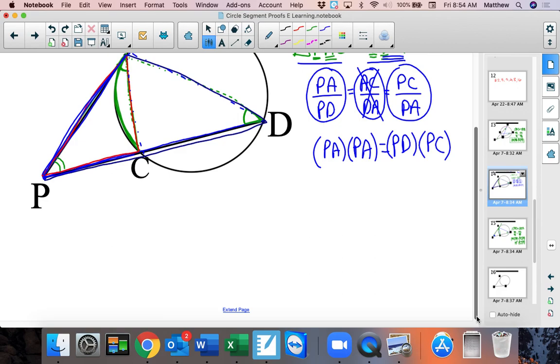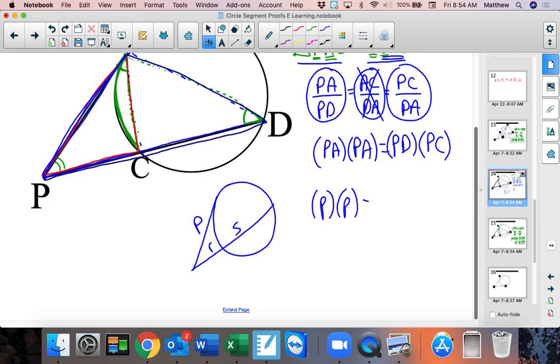And there's a lot of colors going on, so let's draw it again using our favorite PQRS. Let's go here and here. So if we have, this is P, and this is, let's say R and S. Well, we have P times itself, P times R. That's the PC part outside, but PD is the whole thing.